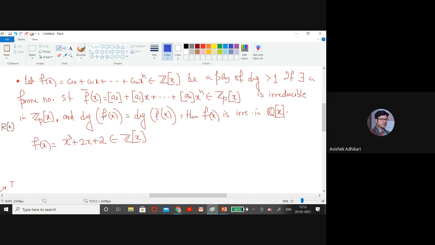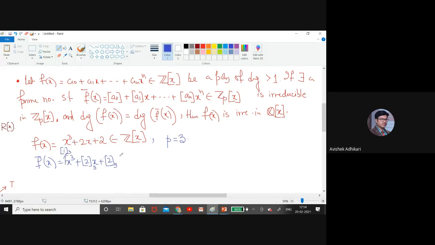Now suppose I take p to be 3. We may start with p equal to 2 as well, but then you will find that it may not work. If you take p equal to 3, then f bar(x) should be x^3 + class 2 x + class 2. That means they are all class 2 modulo 3, and this means class of 1 modulo 3.